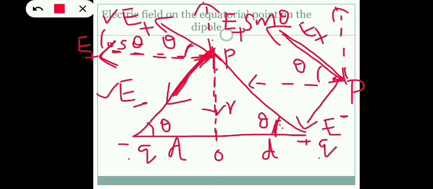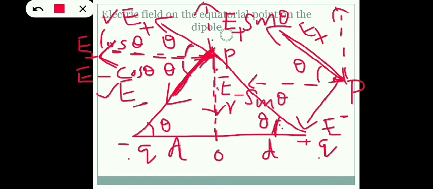So, along the horizontal direction, we have two components, one component of E plus and another component of E minus. And here also this angle is theta. So this component will be E minus cos theta because this is the component adjacent to theta. And this component will be E minus sine theta.